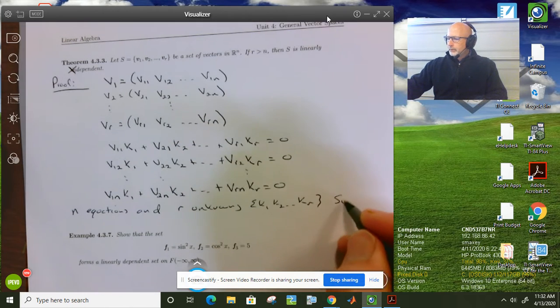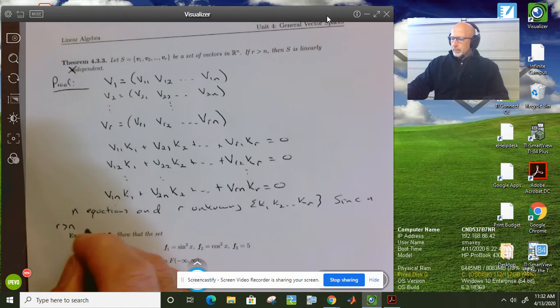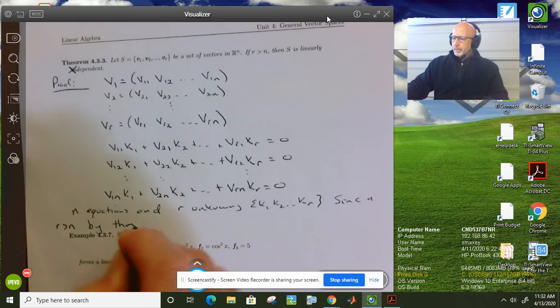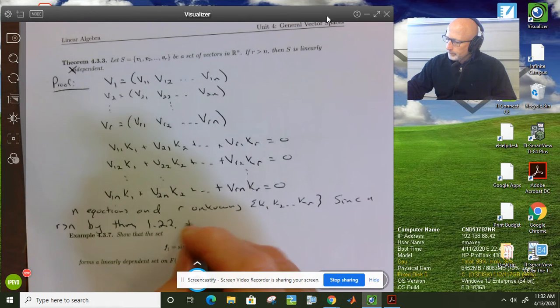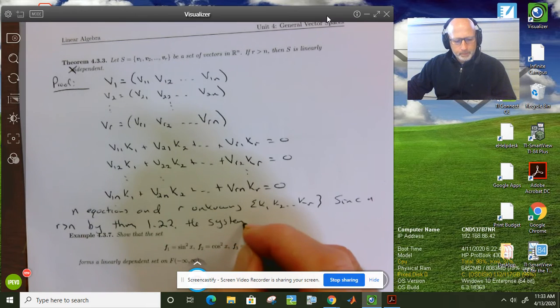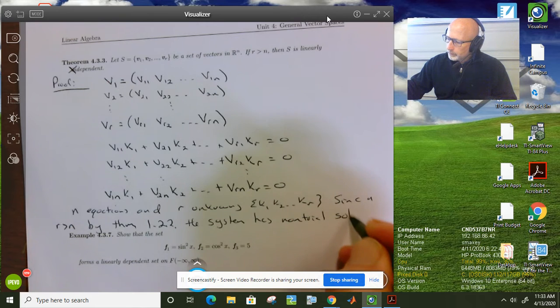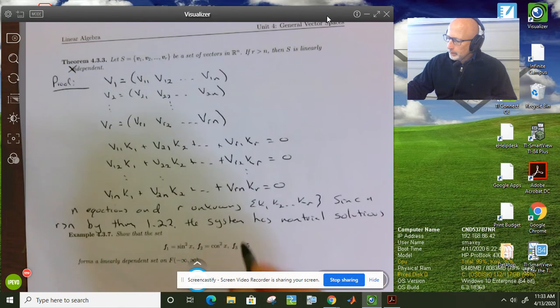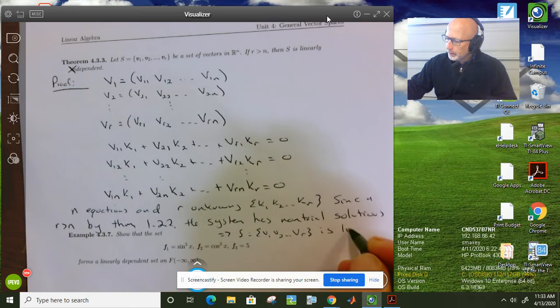Now since r is greater than n, by theorem 1.2.2, which I think you should go back and look up yourself, the system has non-trivial solutions. Therefore S, which is equal to the set v1, v2, all the way to vr, is linearly dependent.